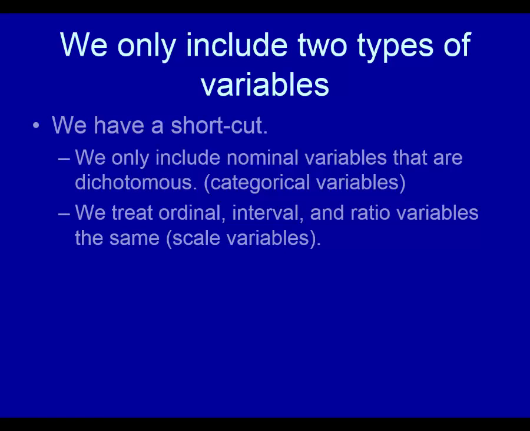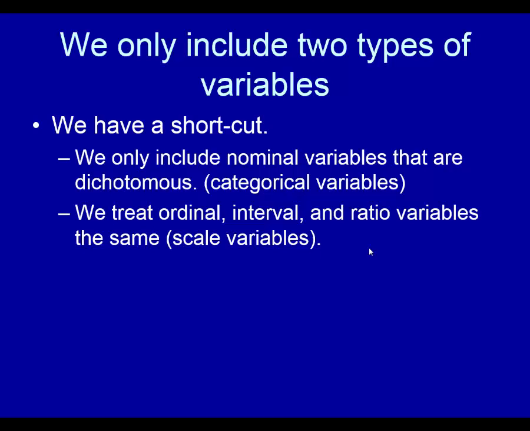We only include two types of variables in this analysis. We're calling it a shortcut because we're not following all the tried and true rules of measurement that are most sophisticated for the most sophisticated scholar who is doing research.